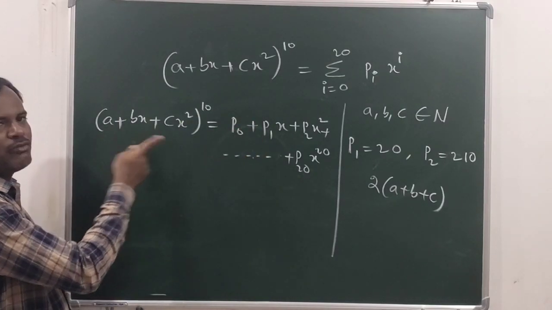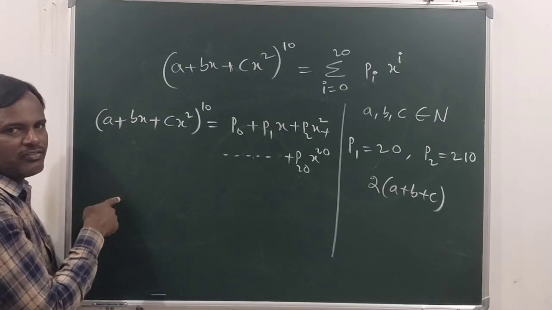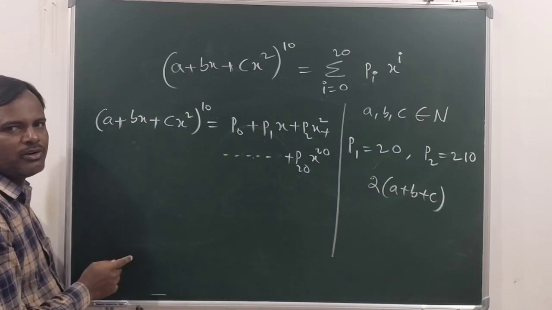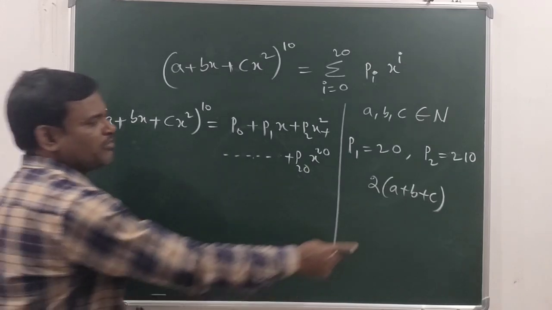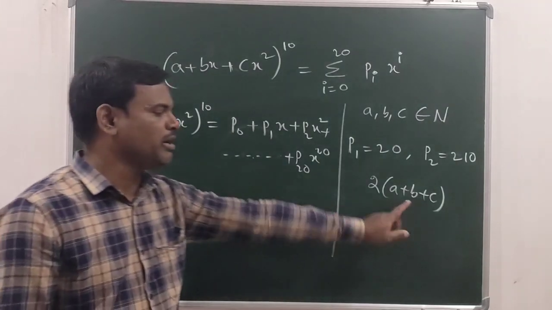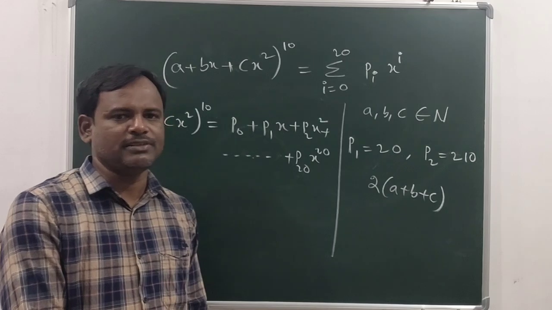In the LHS part I find the coefficient of x and x square, so that I can equate both of them. On equating both of them, we will get the a, b, c values.